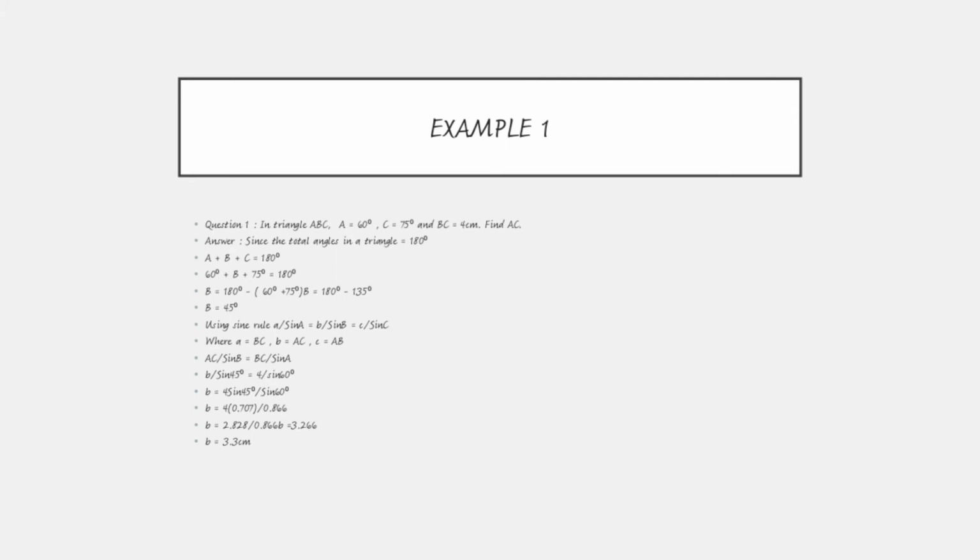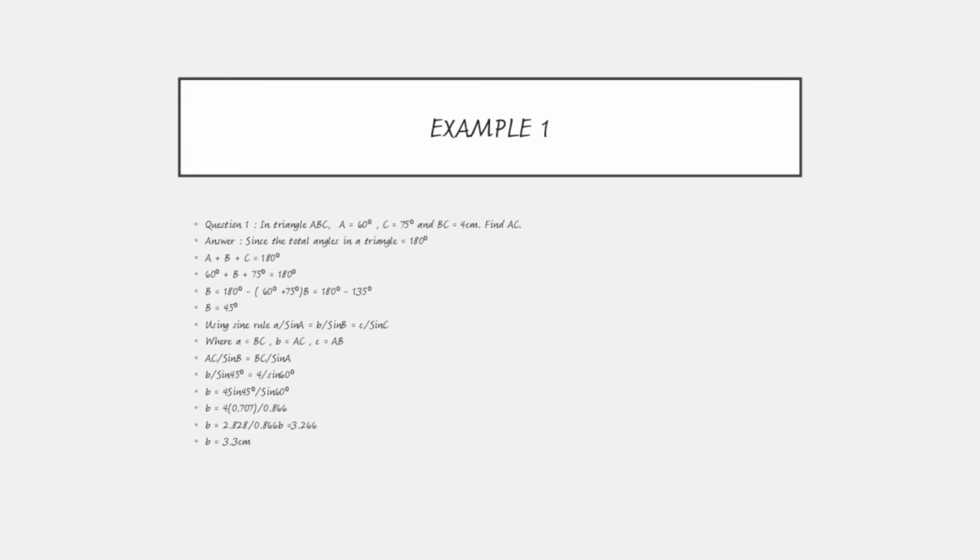Example 1. Question 1. In a triangle ABC, A equals to 60 degrees, C equals to 75 degrees, and BC equals to 4 centimeters. Find AC. Solution.